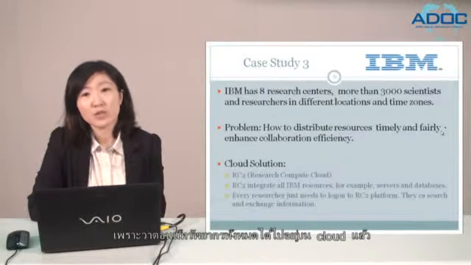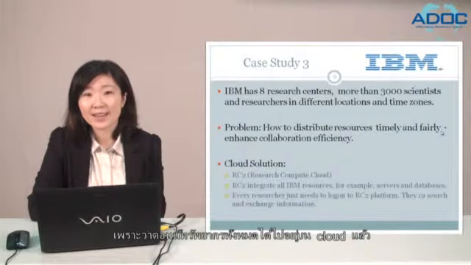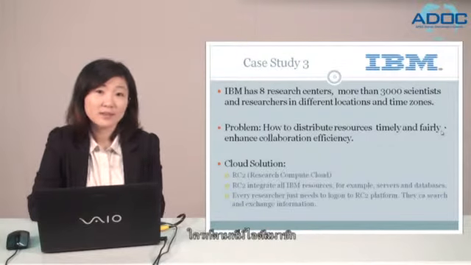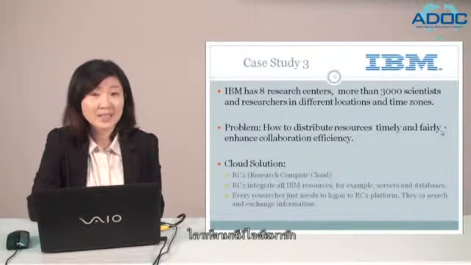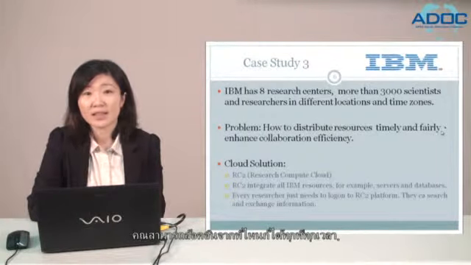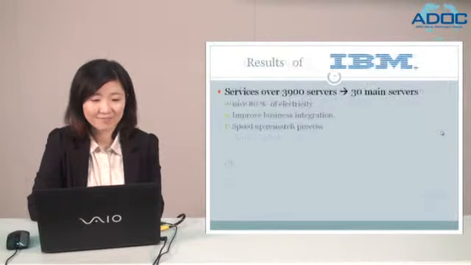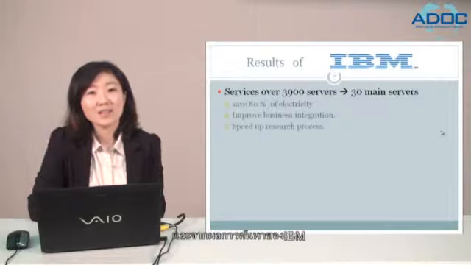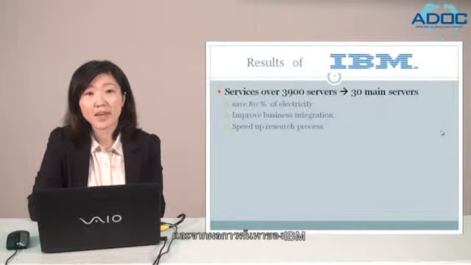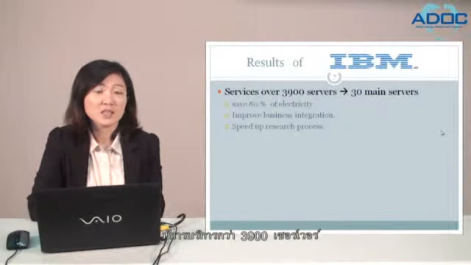Because now all the resources are on the cloud, right? Anyone, as long as you have a member ID, you can log in and use it any time and anywhere. And let's take the results of IBM. The services cover over 3,900 servers.